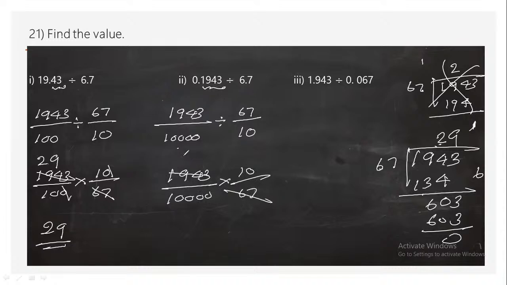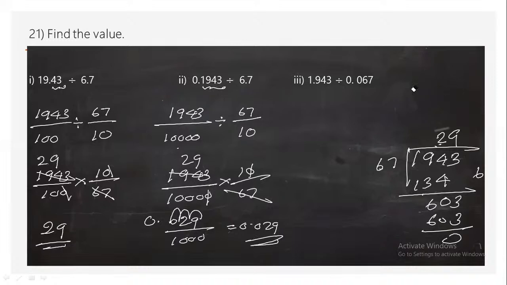Here then 29, cancel out. 29 divided by 1000 means 1 decimal, 2 decimal, 3 decimal places toward the left-hand side, 0.029. And you can write the next one.